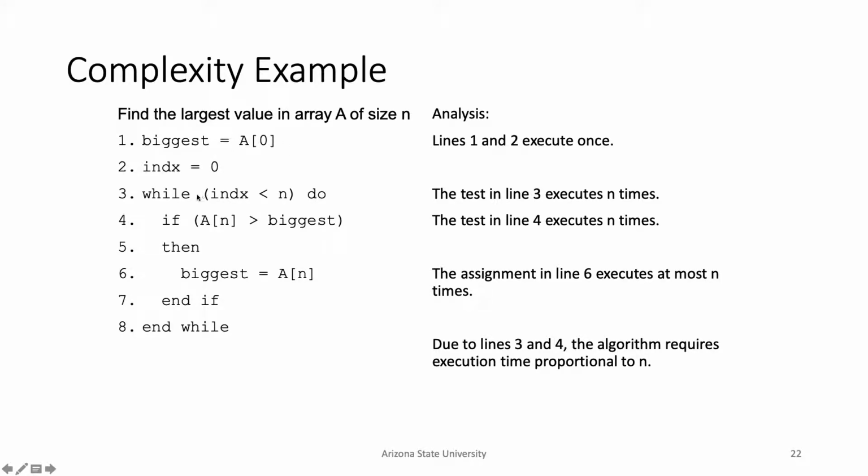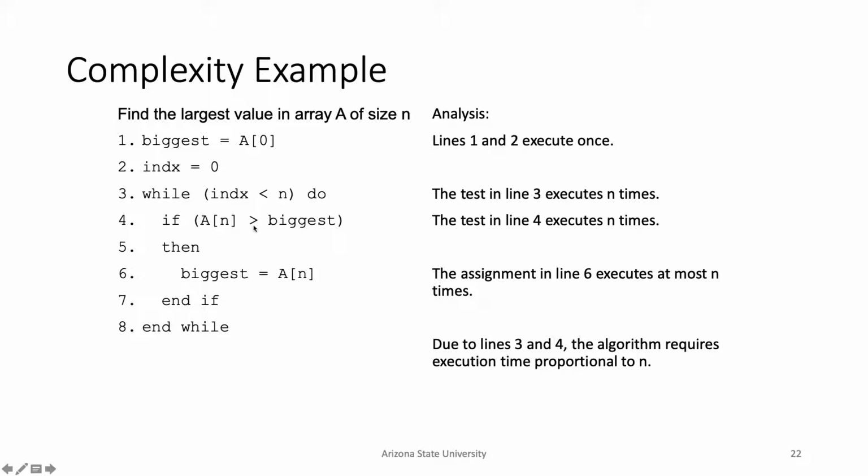Then we iterate through the array or vector and check at each element. If this element is bigger than the one that we're maintaining, then update the biggest one that we've seen. By going through the array like this, we keep track of the largest element that we've seen. Once we go through the entire thing, we now know what the largest element is.